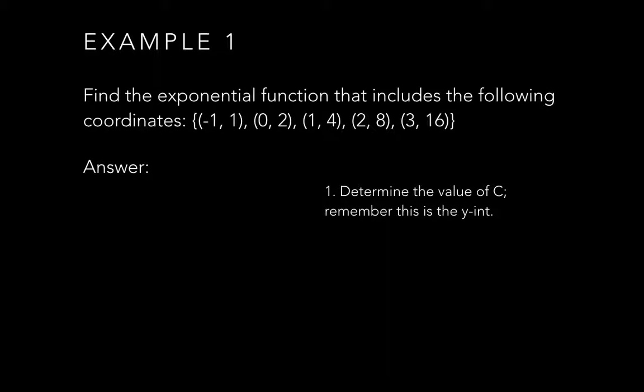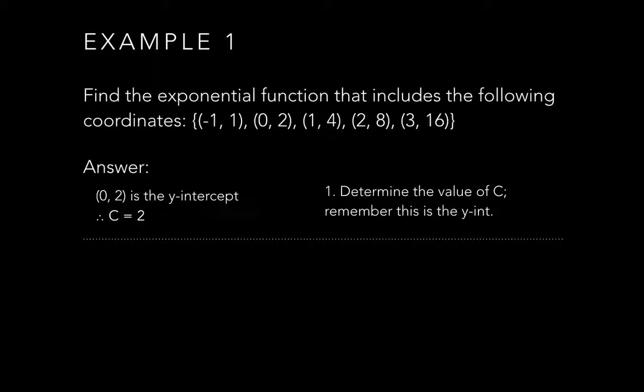So to determine our function, we first want to find the value of c, and this is going to be the y-intercept, or where your x value is equal to 0. And we're given that point. It is (0, 2). That is the coordinate of our y-intercept, so our c value is equal to 2.